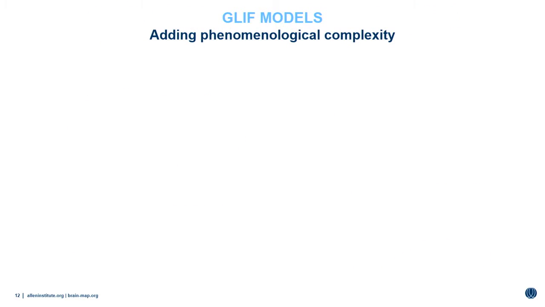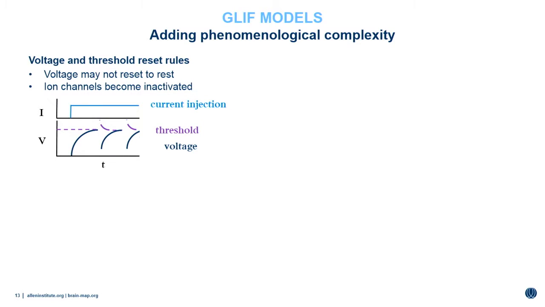So now we're going to add phenomenological complexity that corresponds directly to things that we see in biology. Although I'm showing you schematics of this behavior, all the rules that we're showing here are fit directly to the IVSCC data. So first, we know that real neurons don't actually reset to rest. So I'm showing this here.